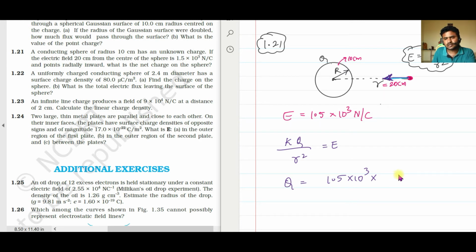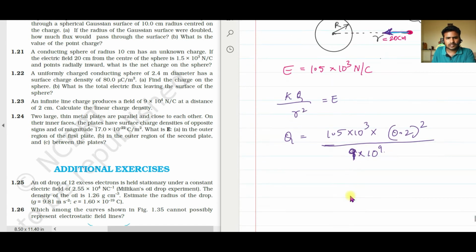When you square it, 0.2 square is going to be 0.04, divided by k. K is 9 into 10 to the power of 9. So that is your k value.